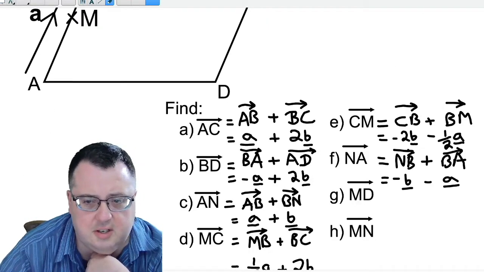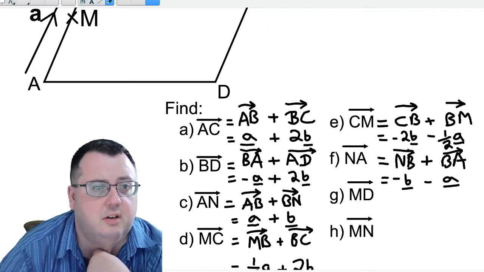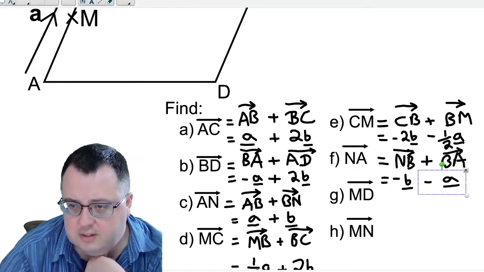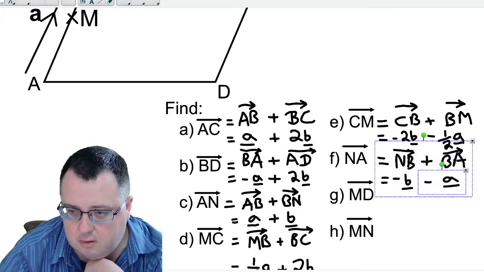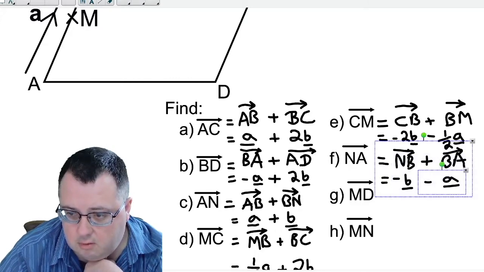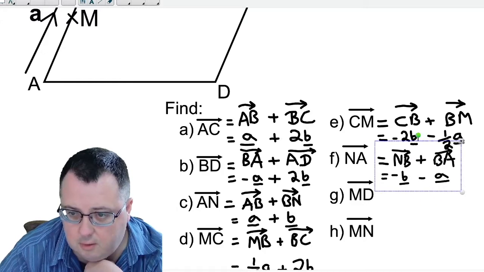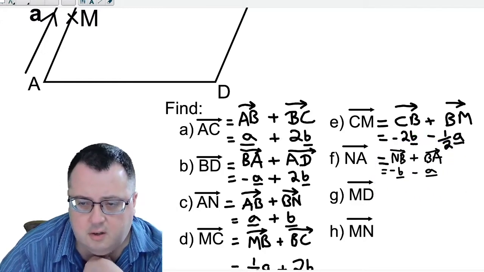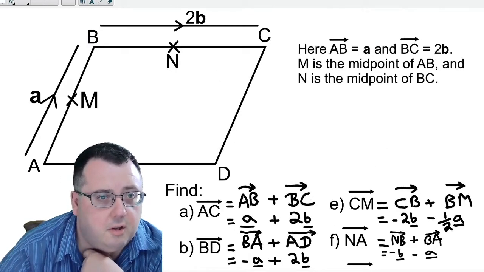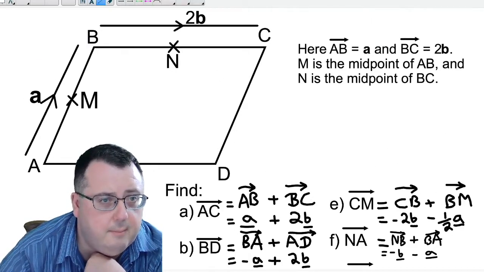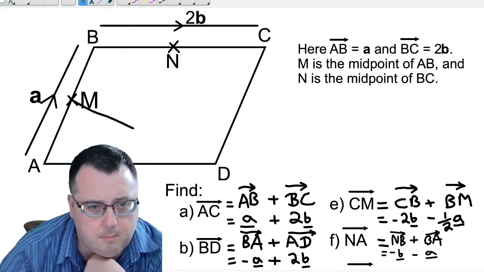Okay, next question is M to D. So hang on, let me just shrink this a little bit so that there's room for me to write here. Okay, so we want M to D. The most direct route from M to D is this route here.